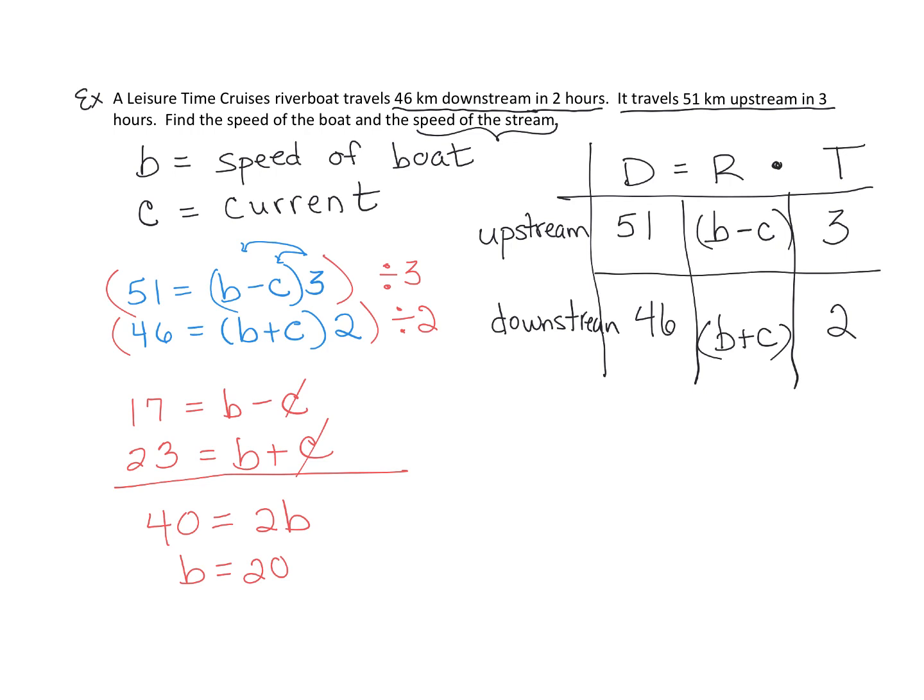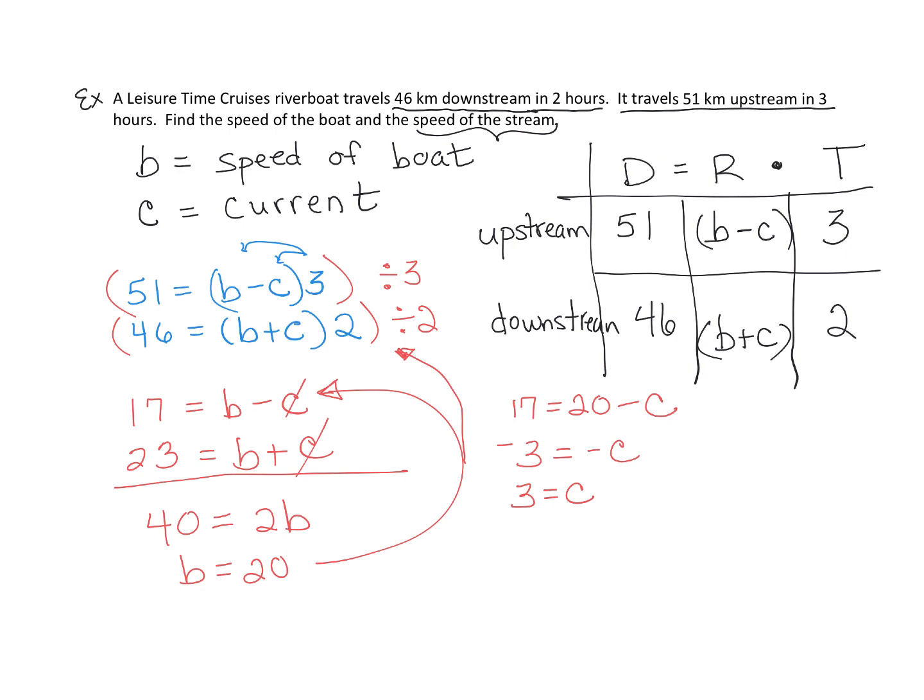Now I can plug my b equals 20 into one of these, alternately one of these because they're equivalent. And I'm going to get 17 equals 20 minus c. If I subtract 20, minus 3 equals minus c, and 3 equals c.